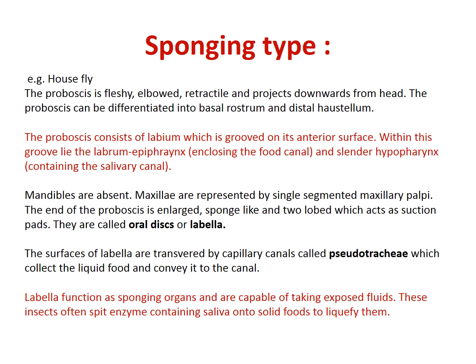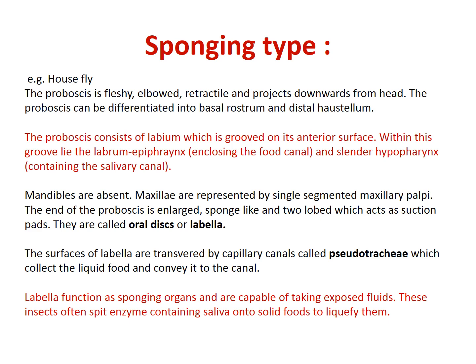The next type of mouthpart is sponging type of mouthpart, and this is seen in houseflies. The proboscis is fleshy, it is elbowed and retractile and projects downward from the head. The proboscis can be differentiated into basal rostrum and distal haustellum. The proboscis consists of labium which is grooved on anterior surface.